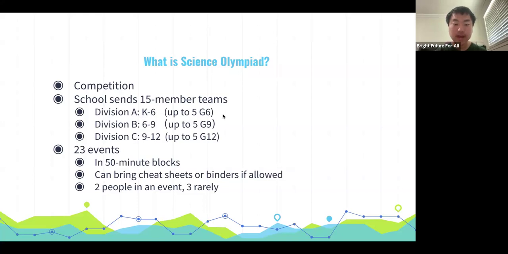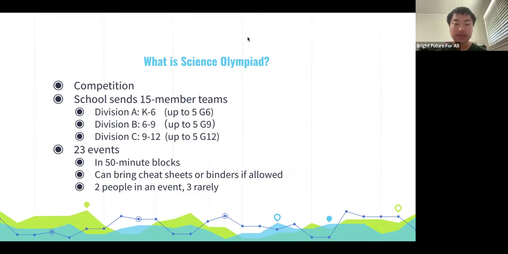For Division B, you can have 6th to 9th graders with up to 5 9th graders. And for Division C, you can have 9th to 12th graders with up to 5 12th graders. These 15 members will each compete in 23 events, and each event during the competition will be 15 minutes in length.